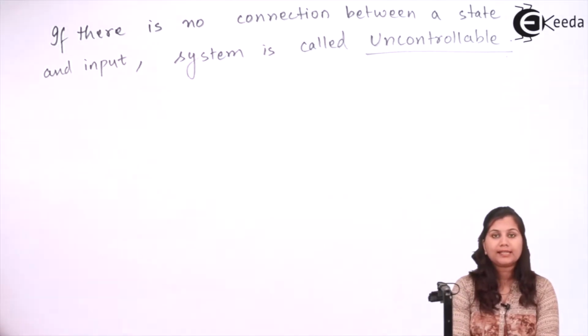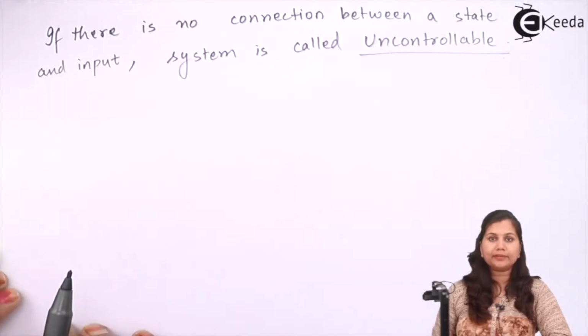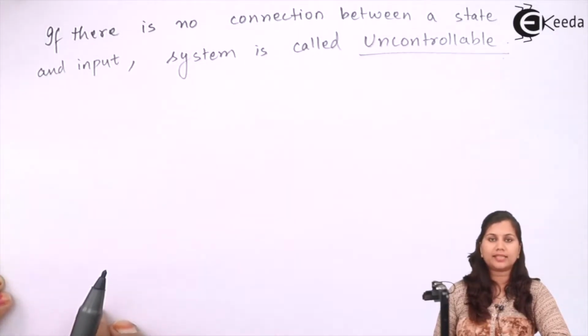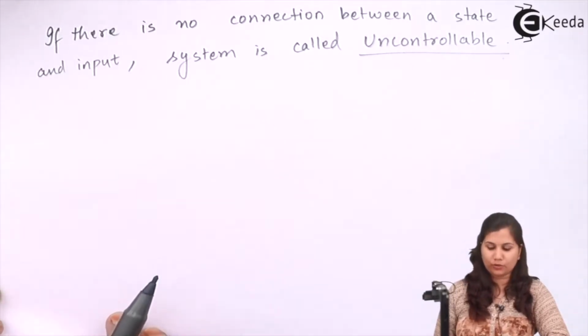Now let's take an example of how we can determine the controllability of a system whose state space model is given to us.